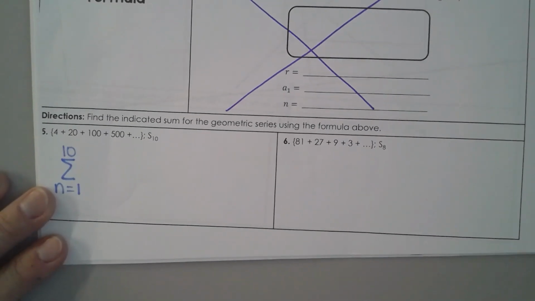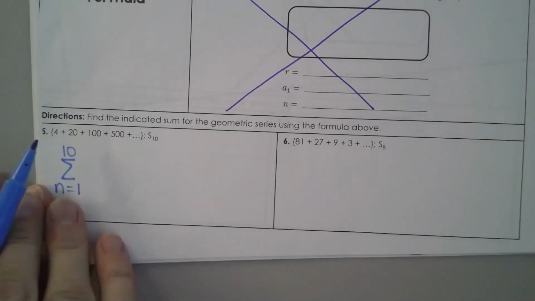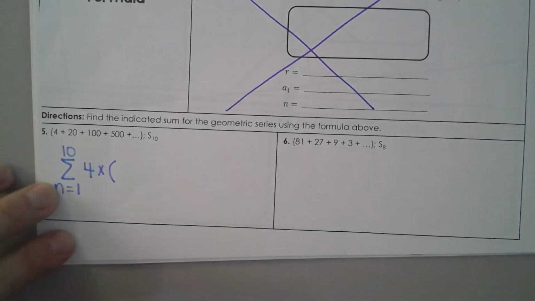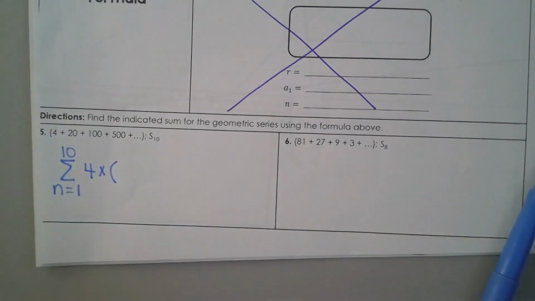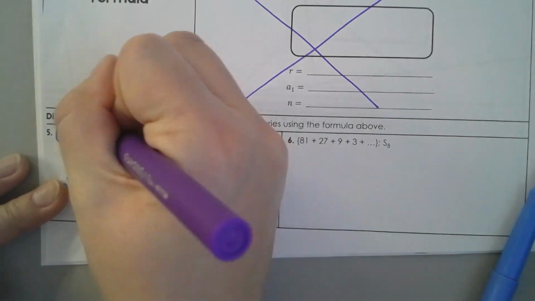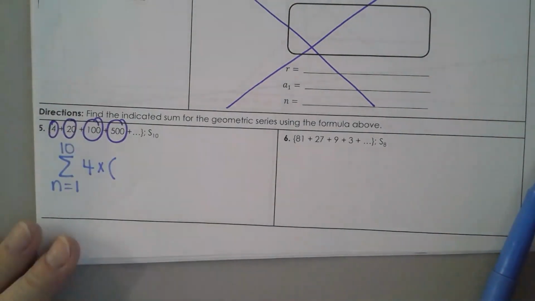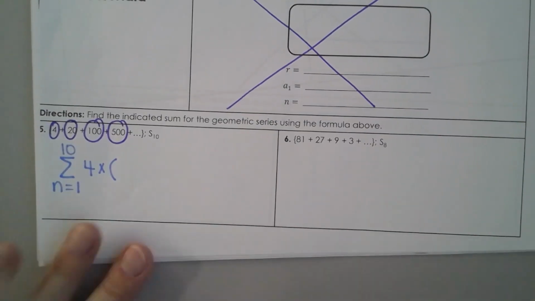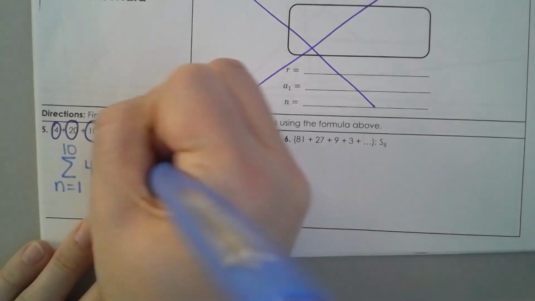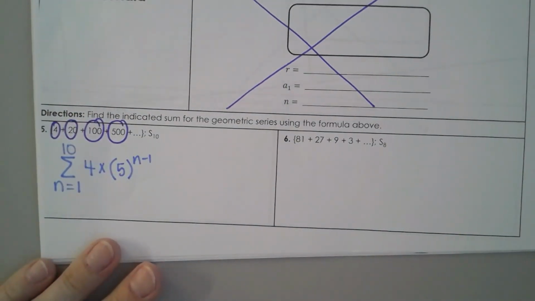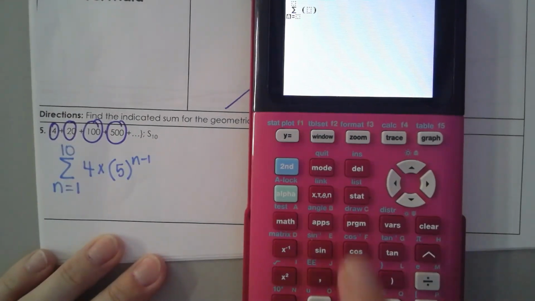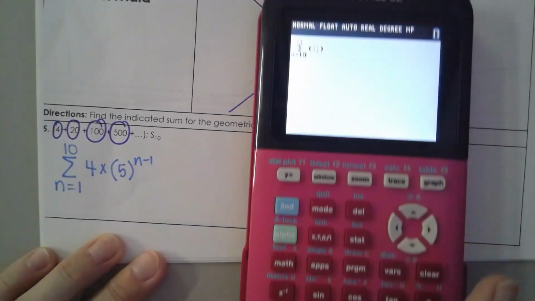What's my A1? Nope, 4. Times, what's my R? It is 5. So if my first term is 4, and then 20, 100, 500, I'm multiplying by 5. So to get from one term to the next, it's times 5, and then an n minus 1 exponent. So math 0, x equals 1.